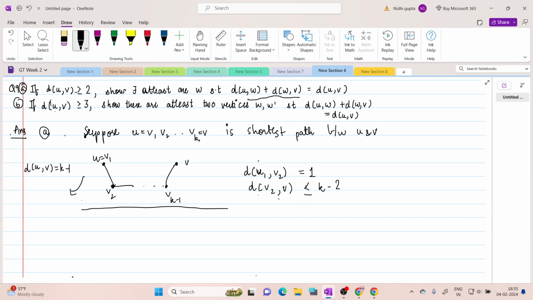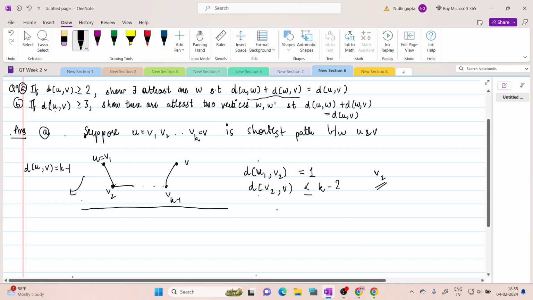So if the length of the shortest path between v2 and v was k minus 2, then we would be done, right? Then v2 will be the resultant vertex.